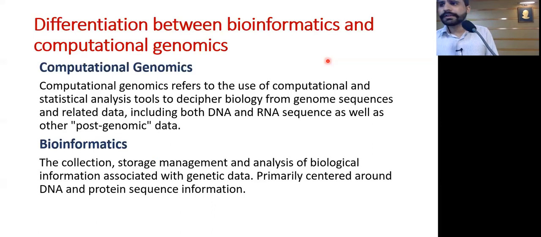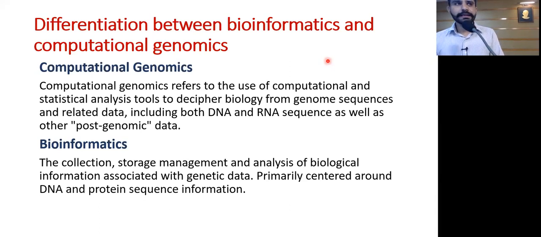So let's start with the differentiation of bioinformatics and computational genomics. Computational genomics refers to the use of computational and statistical tools to decipher biology from genomic sequences and later data. It also includes DNA and RNA sequence, as well as some other post genomic data like protein information.